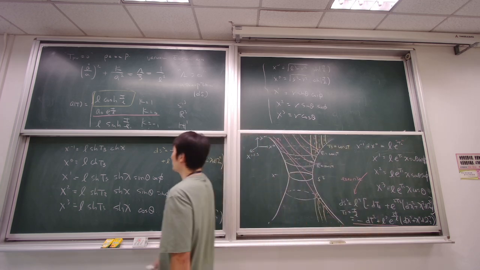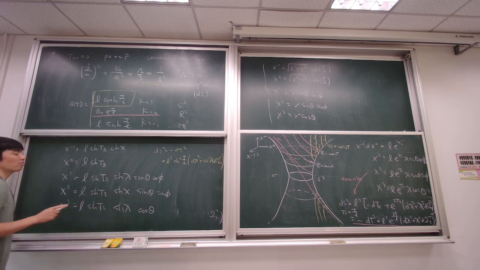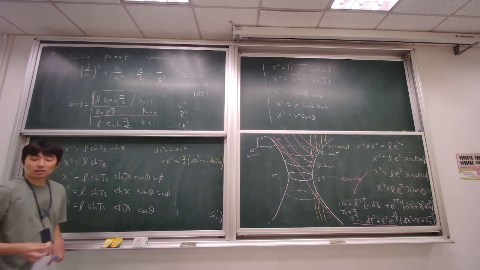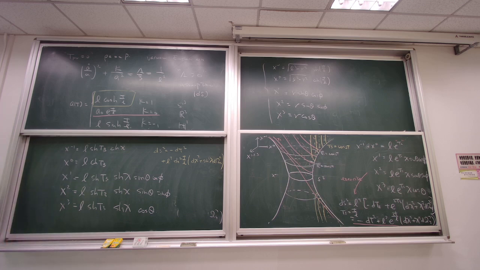Since cos tau 3 is positive, I just pick a positive one, but you can put the negative sign, and it's the same. It's about the sign of x1, x minus 1.